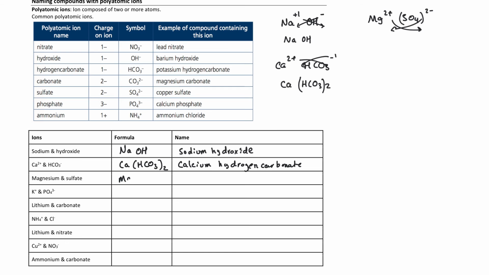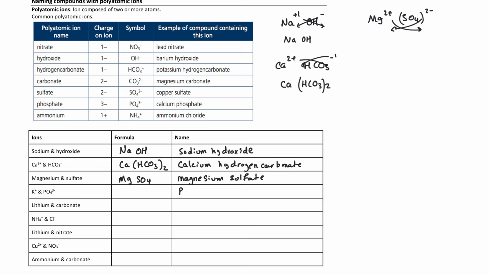So I'm going to write this as MgSO4, and I don't have to put this in brackets because there's just a 1 to 1 ratio here. The name for this is magnesium sulfate. Easy.